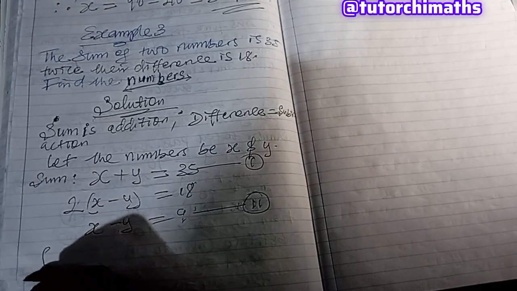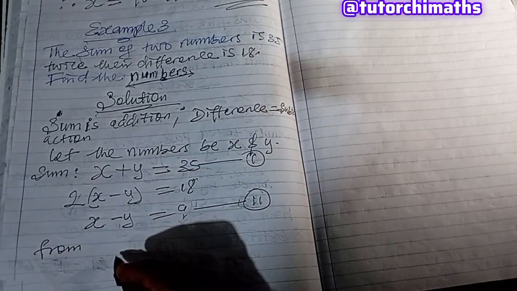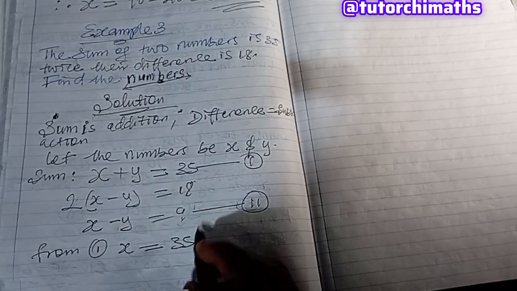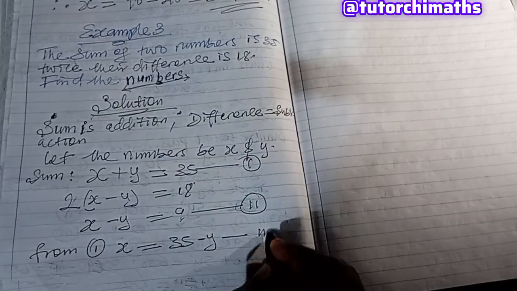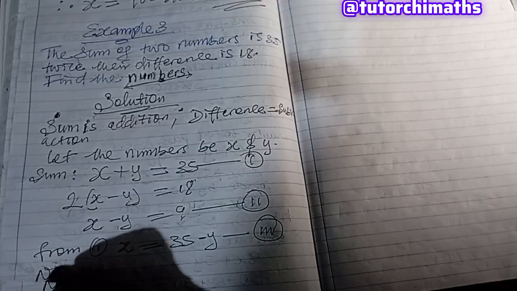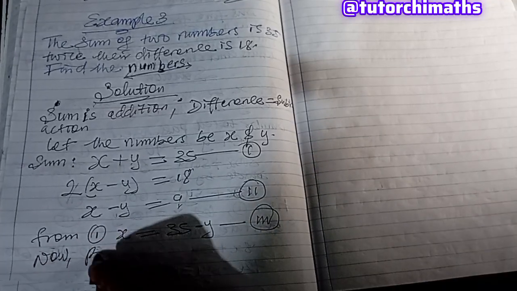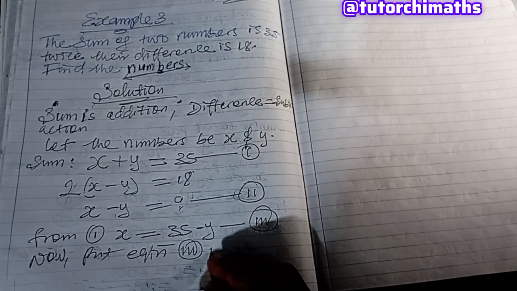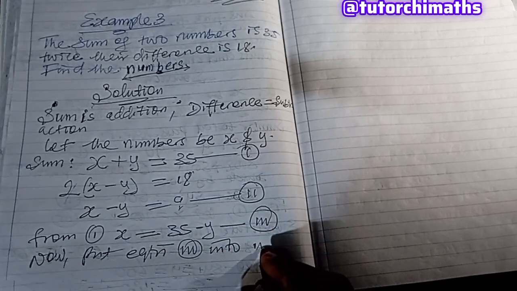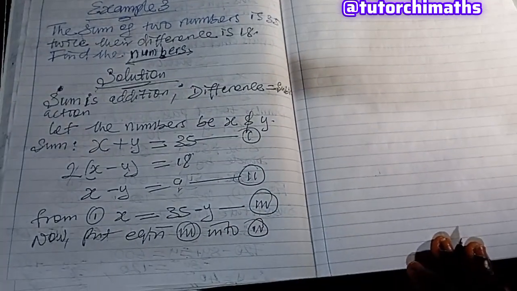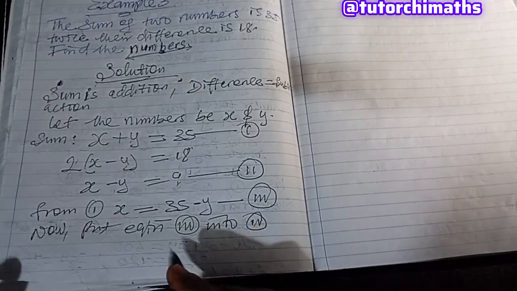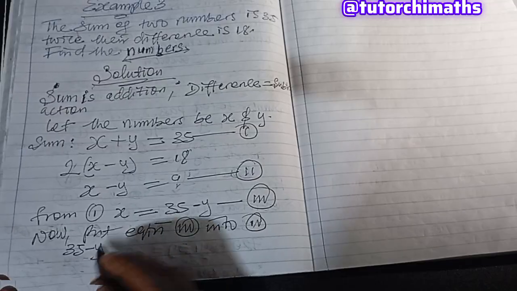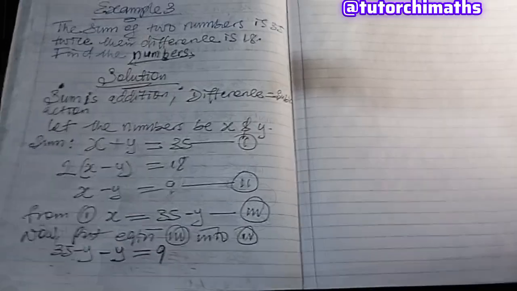So from 1, x is equal to 35 minus y. Let's call it equation 3. Now put equation 3 into 2, so I will write 35 minus y for x, then minus this y.